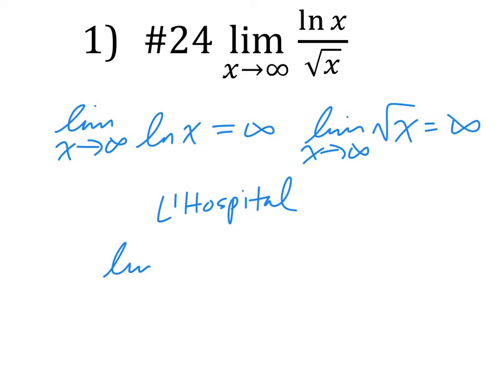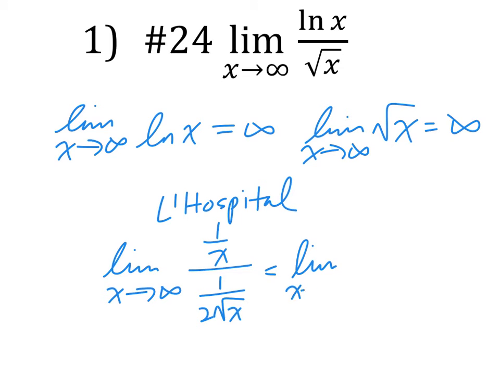So limit as x goes to infinity. All right, how do I apply L'Hopital? Derivative. So natural log derivative is 1 over x, and derivative of square root x is 1 over 2 square root x. Okay, so now this is limit as x goes to infinity, 1 over x times 2 square root x. Right?